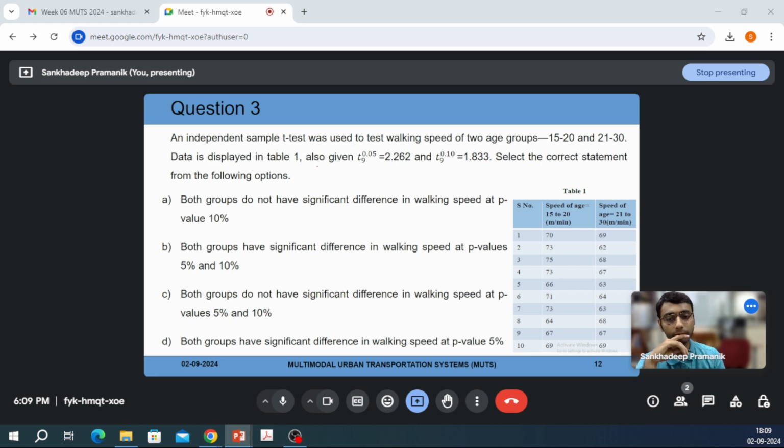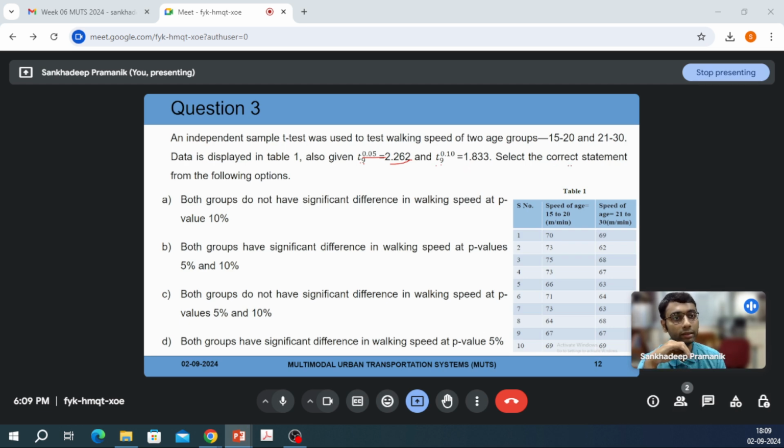Next question. An independent sample t-test was used to test the walking speed of two age groups, 15 to 20 and 21 to 30. Data is displayed in table 1. It is also given that the t value for 9 degrees of freedom at 0.05 is 2.262, and the t value for 9 at 0.1 is 1.833.